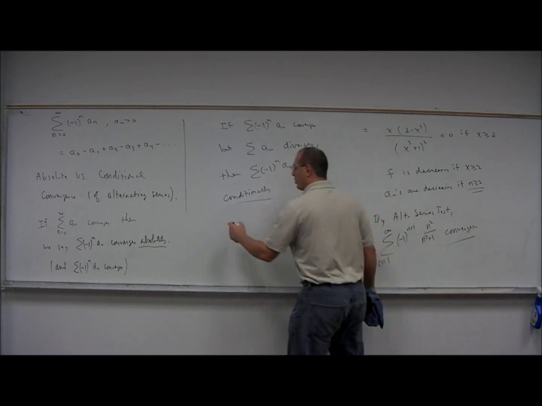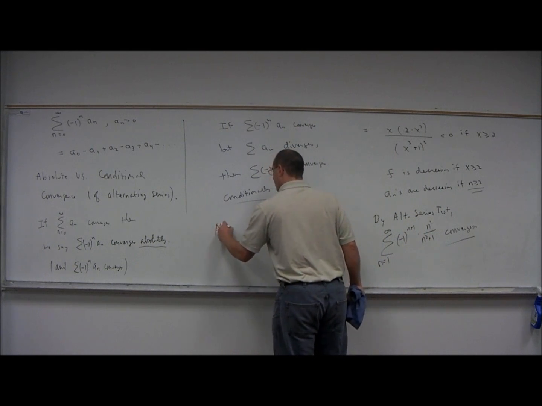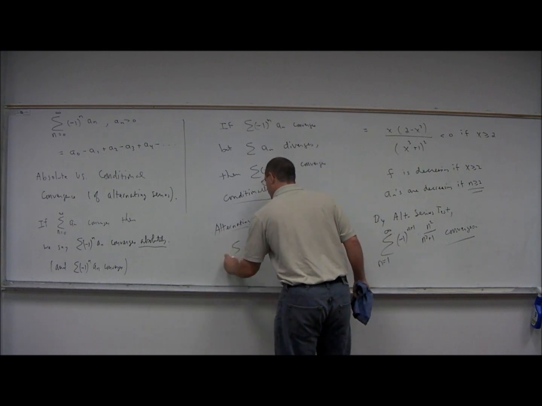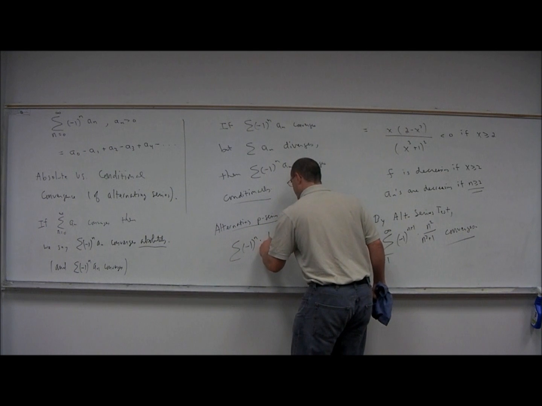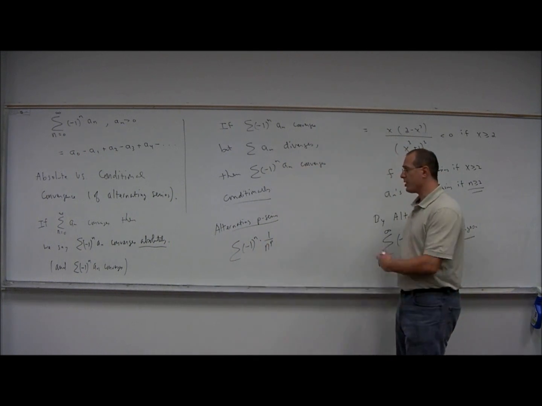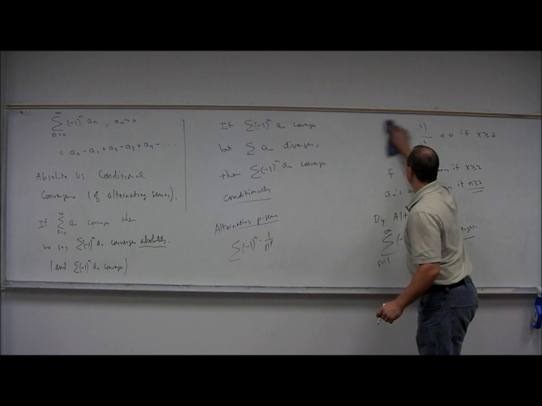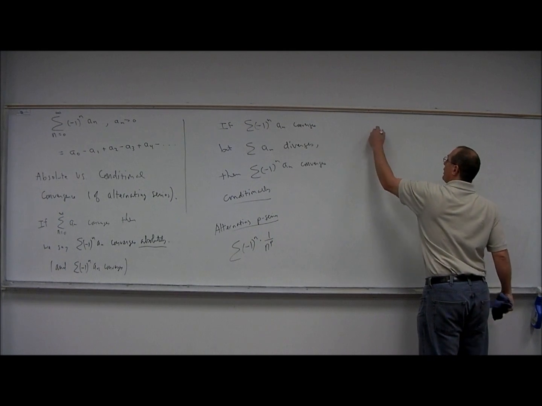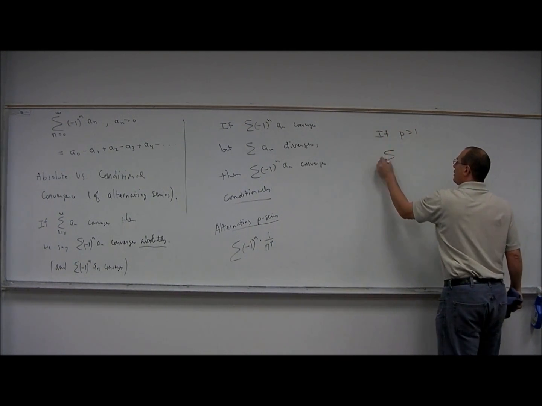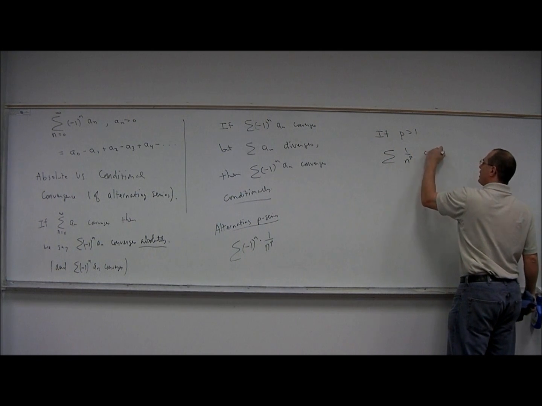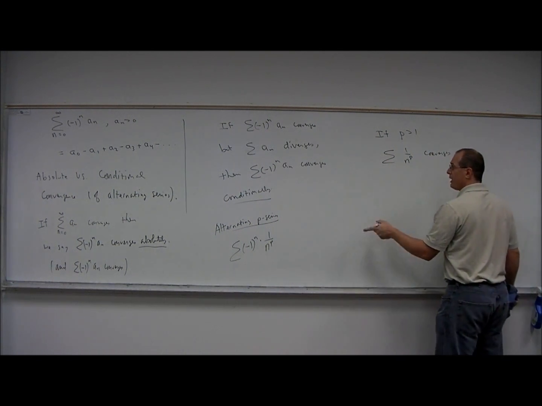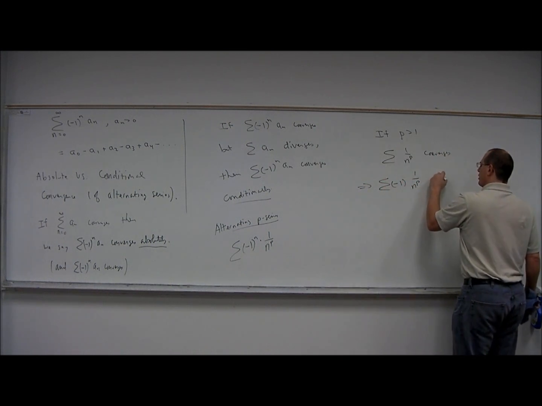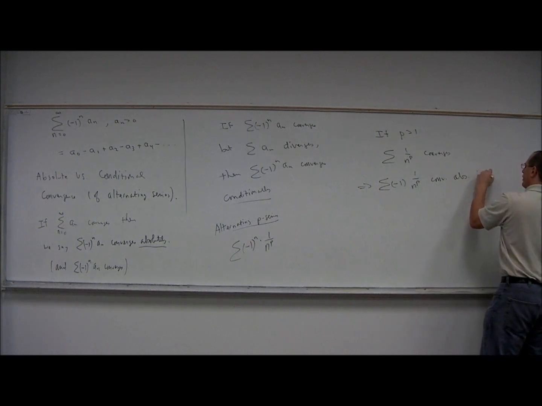A moment ago we talked about alternating p-series, the summation of negative 1 to the n times 1 over n to the p. These always converge. If p is bigger than 1, then the series 1 over n to the p converges even without the plus-minus effect, which means that the alternating p-series converges absolutely if p is bigger than 1.